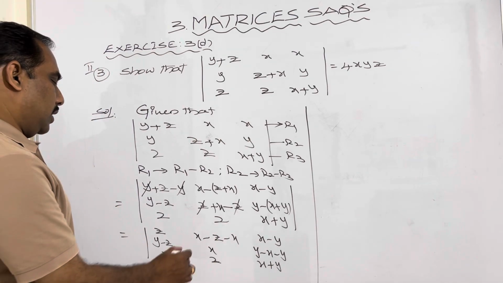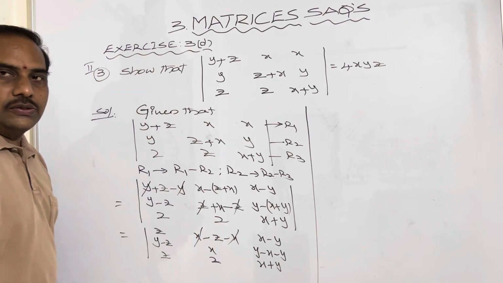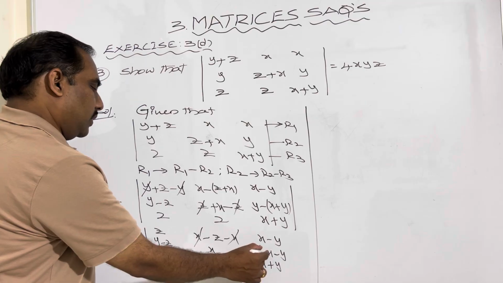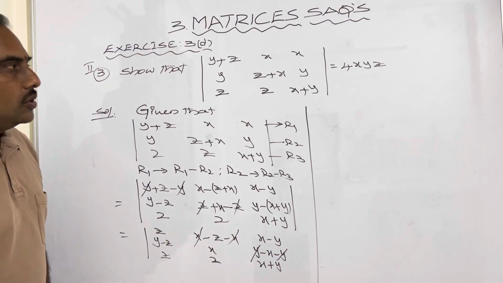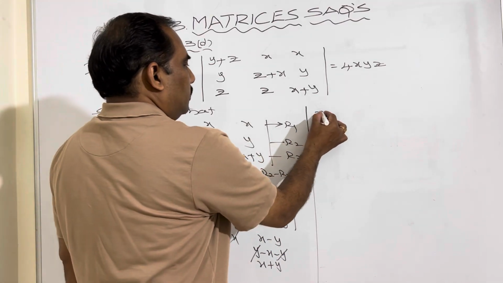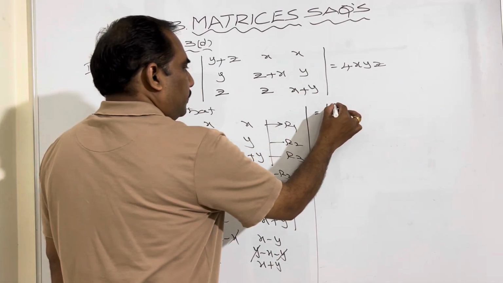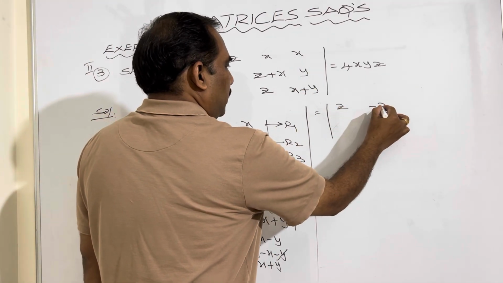Now what happens here? Plus x minus x gets cancelled, and in the second row plus y minus y also gets cancelled.